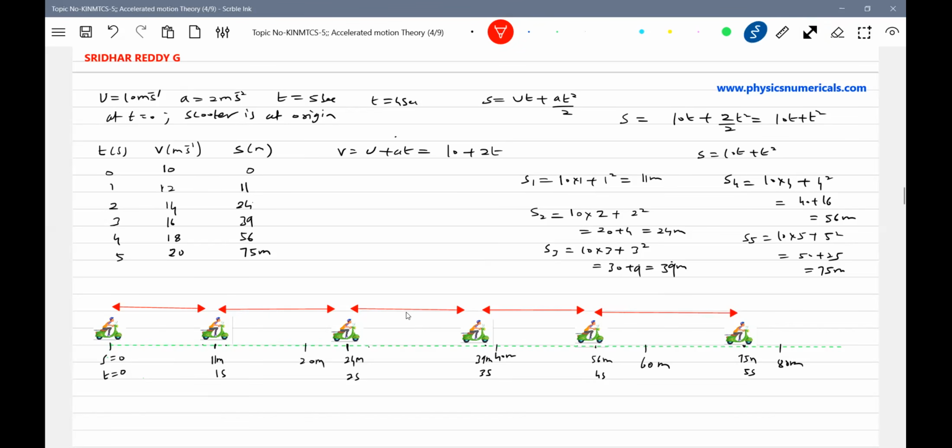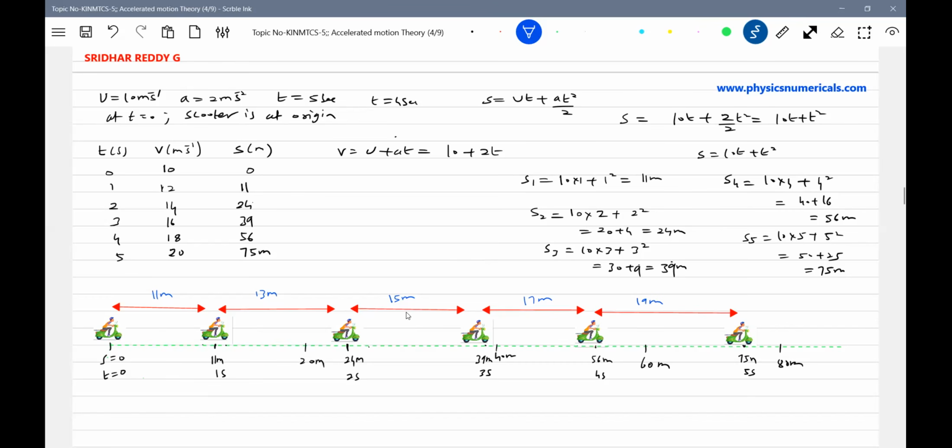So first it will cover 11 meter in 1 second. Next second, it will cover 13 meter, 24 minus 11. 39 minus 24 will be 15 meter. 56 minus 39 will be 17 meter. Next, 75 minus 56 will be 19 meter.